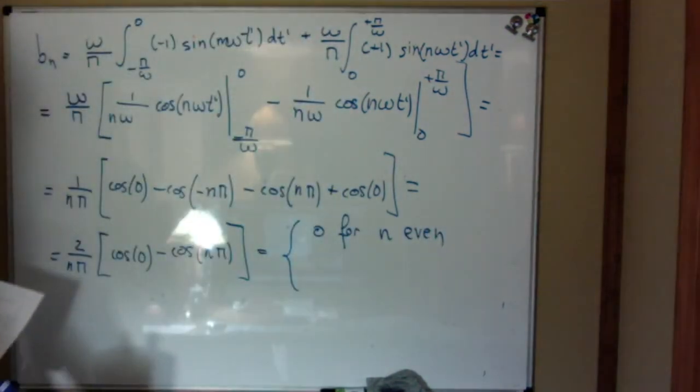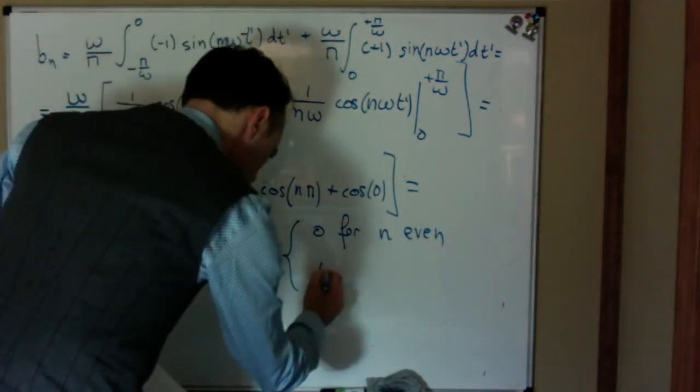So b sub n is 0 for n even and 4 over n pi for n odd.